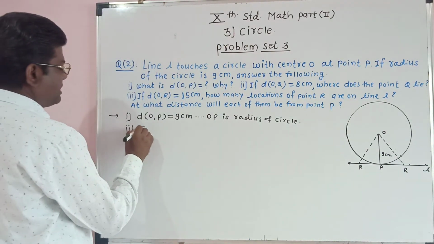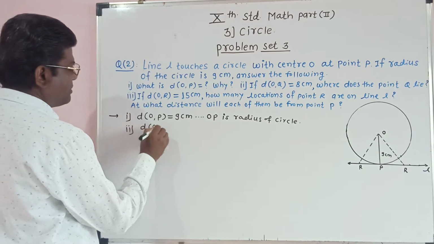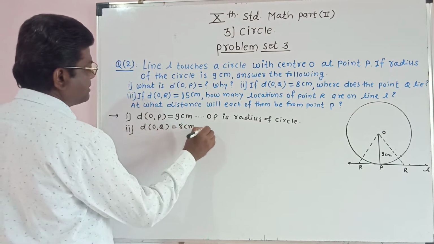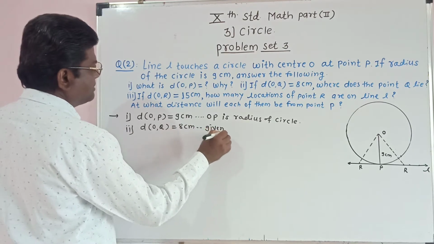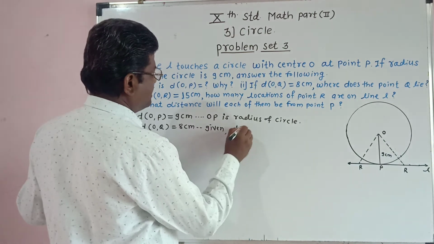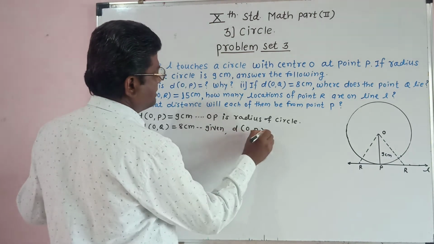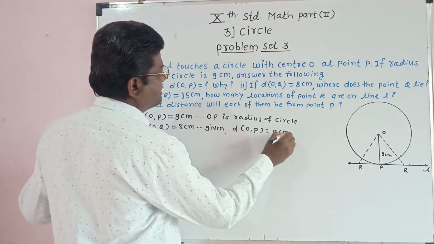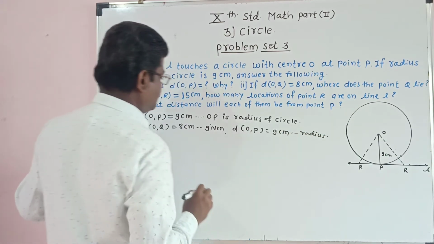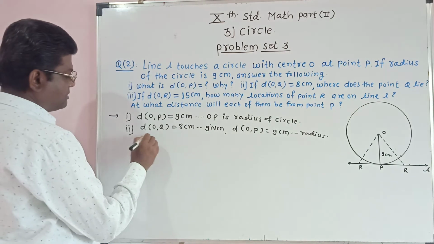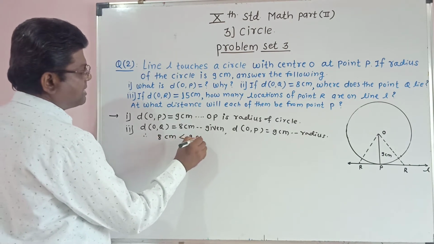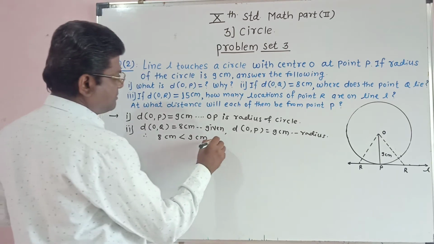Now let's see, we have given distance of OQ is equal to 8 centimeter. It is given, and we have also distance of OP is equal to 9 centimeter. It is a radius of a circle. Now 8 centimeter is less than 9 centimeter.